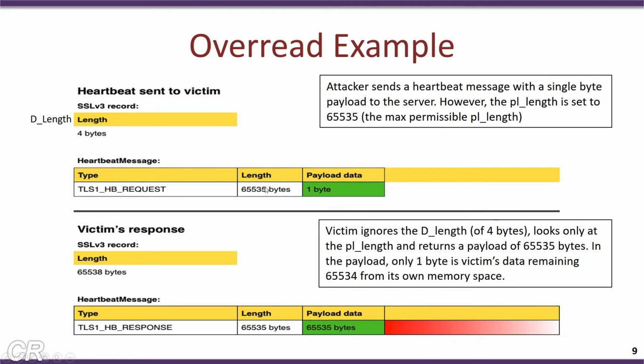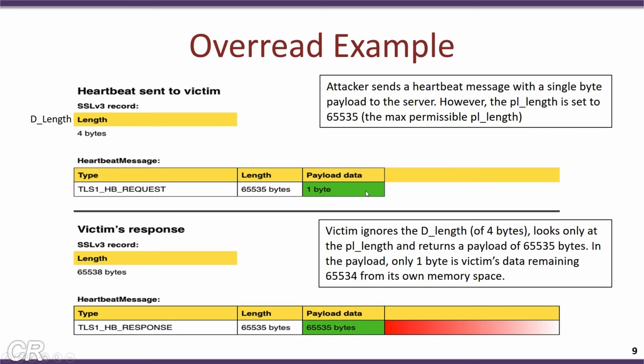The second one is the length, where maliciously the client system has filled in the maximum length, that is, since the length is of 2 bytes, the maximum length could be 2 power 16 minus 1, which is 65535. So now over here in the payload data, the client system just fills in 1 byte, even though it has specified that the length of the payload is 65535 bytes.